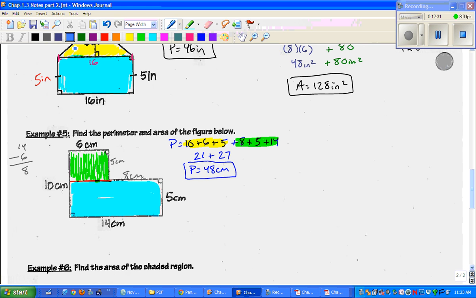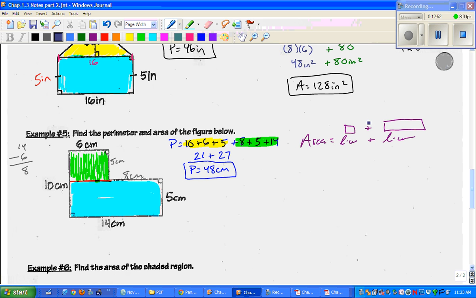So when we're finding the area, that equals the small rectangle plus the large rectangle. So length times width plus length times width.